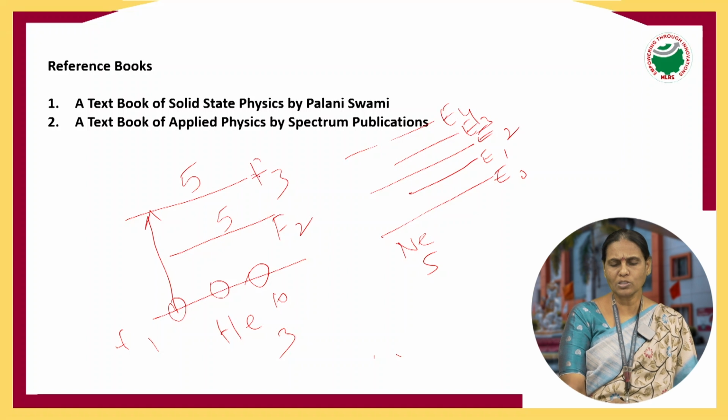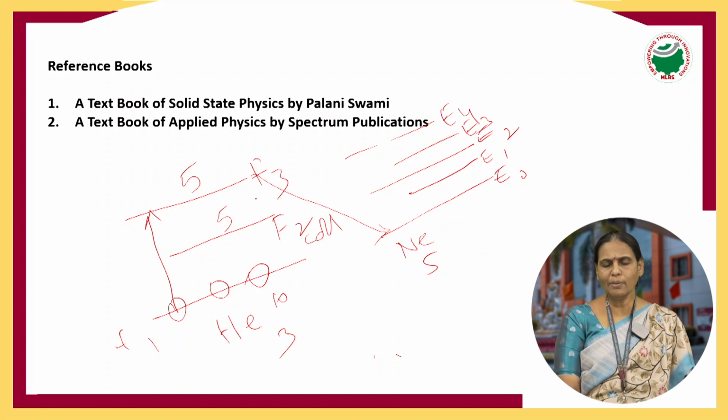Now, through the process of collision, as the gases are present in a glass tube, the helium atoms in F2 and F3 states give energy to the neon atoms present in the lower energy state.